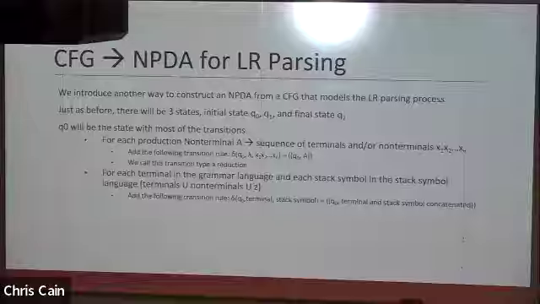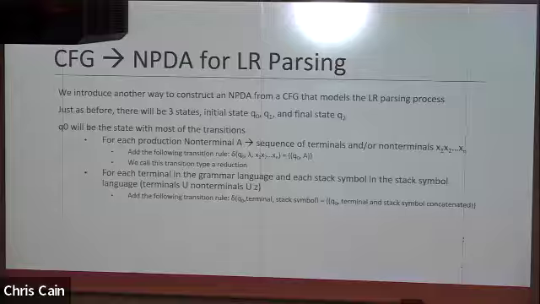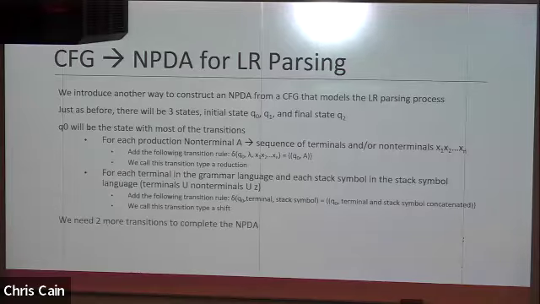This is for each stack symbol. Then we stay in Q0, and we concatenate the terminal and the stack symbol. And this is a shift. So this is the concatenation rule where we see a new terminal and put that terminal on top of the stack. And then two more transitions to complete.